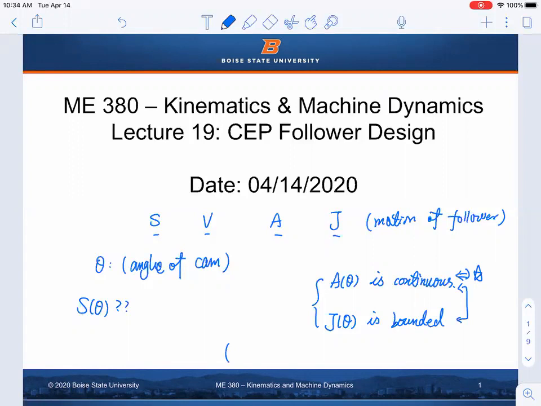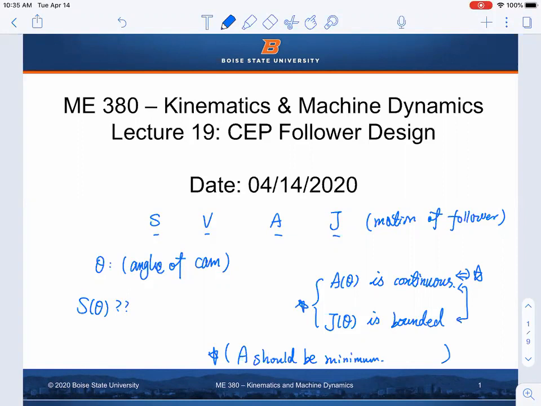We also have some other requirements. For example, your acceleration should be minimal. If your A is minimal, that means you only need the smallest amount of force to drive the system. But these are more desirable requirements, not the necessary requirements we're talking about.